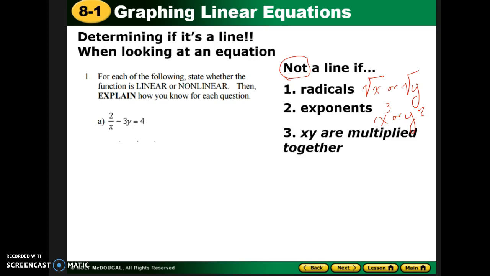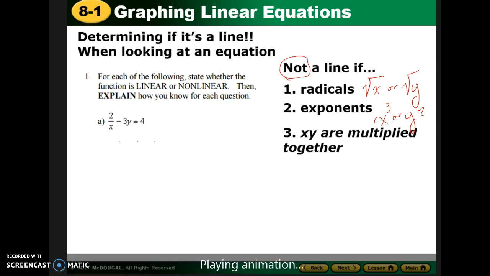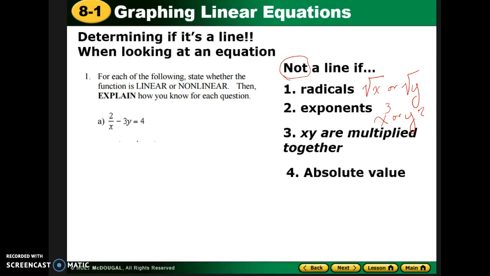If for some reason they're touching, you multiply them together, it's not going to be a line. Number 4, if there is absolute value, if x or y are in the absolute value, so you could have something like the absolute value of x plus 3 anywhere in the equation, it is not going to be a line. And the last one is if there's a variable in the denominator.